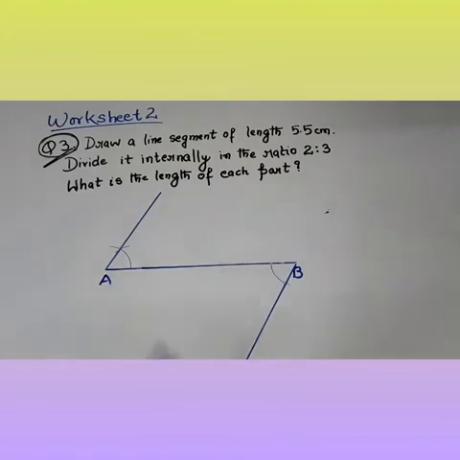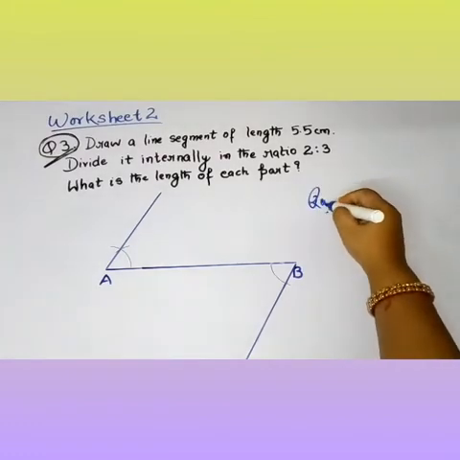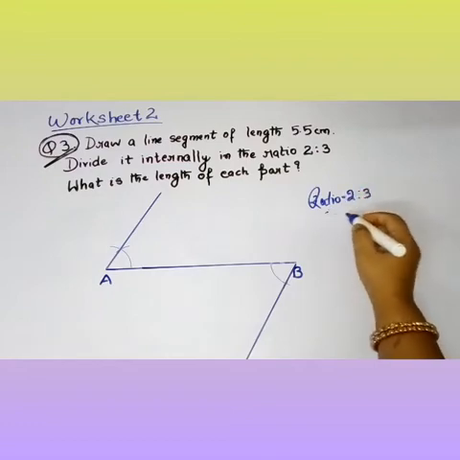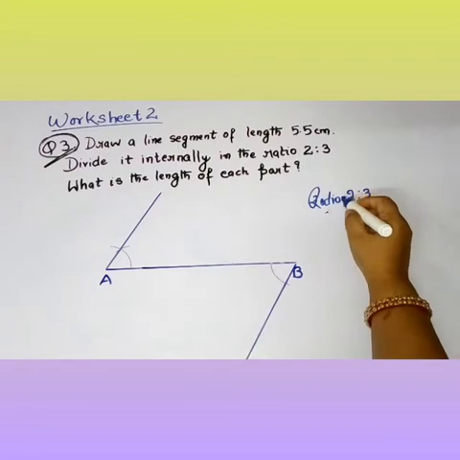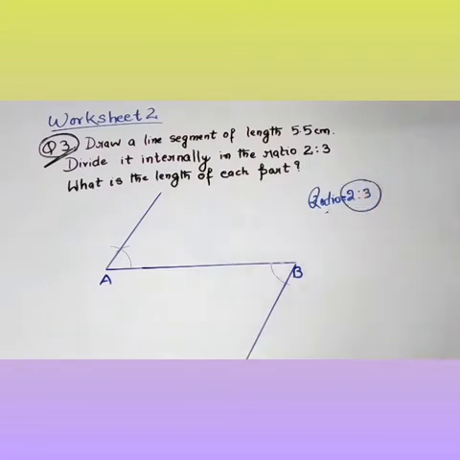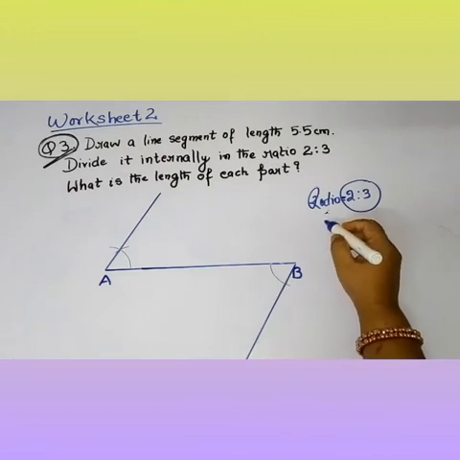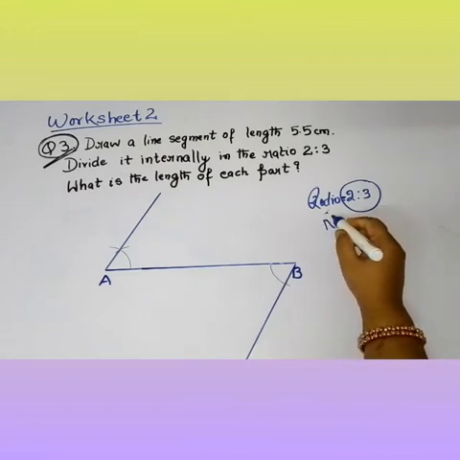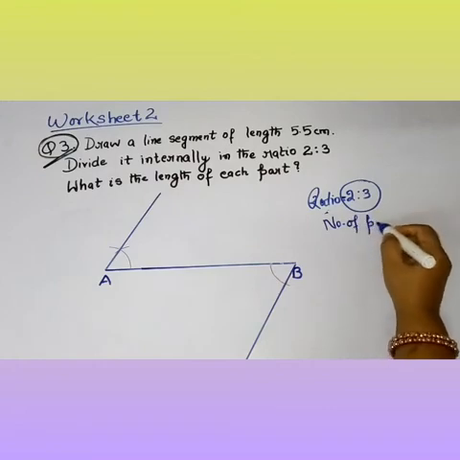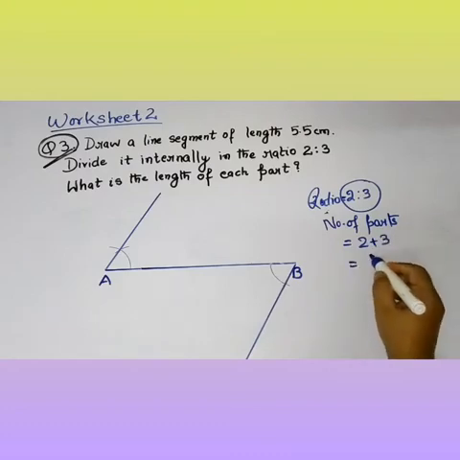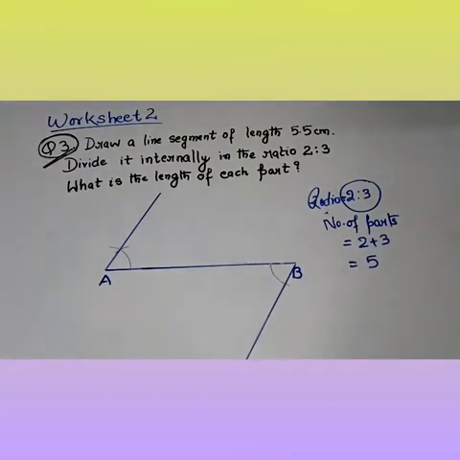Now since the ratio is 2:3, we will add these two numbers, that is 2 and 3, and we will divide the line segment into a total of 5 equal parts. So we have to divide the line segment into the number of parts that is 2 plus 3. That means I am going to divide it into 5 equal parts.